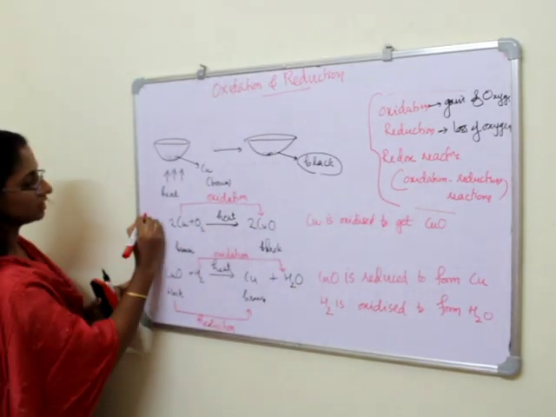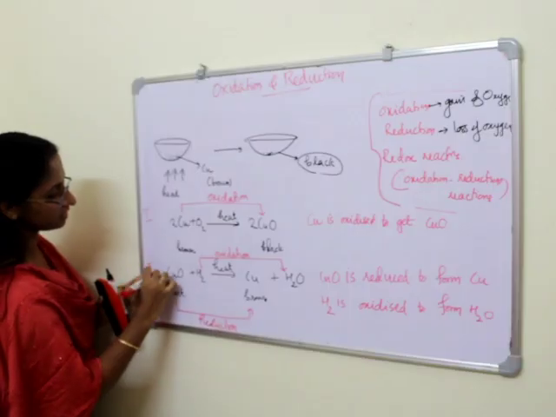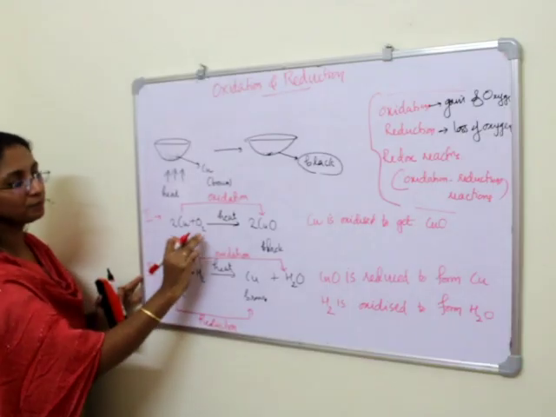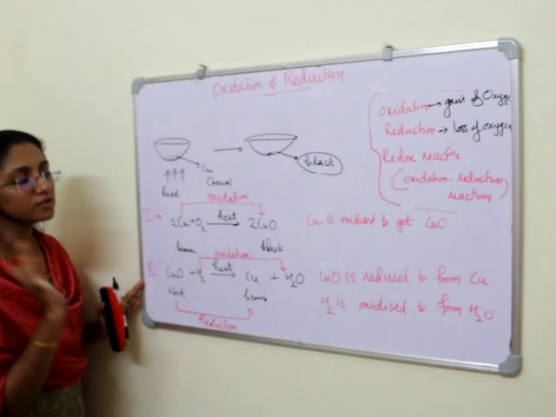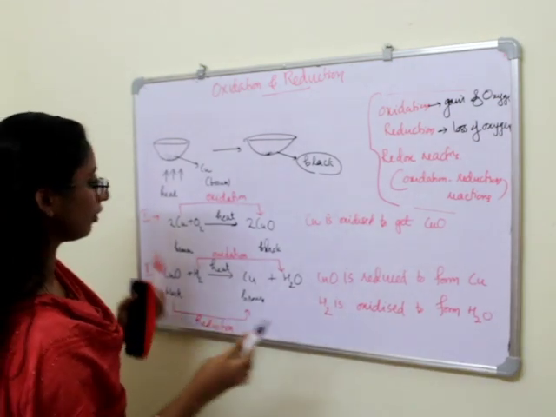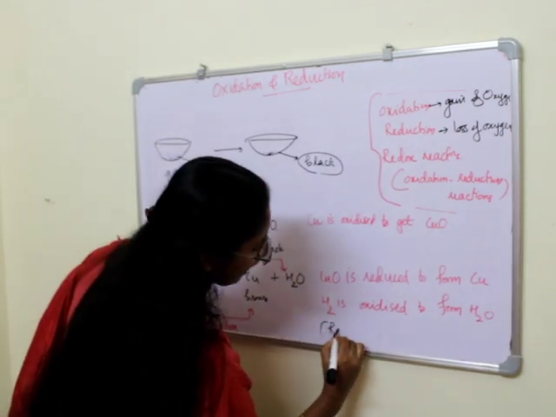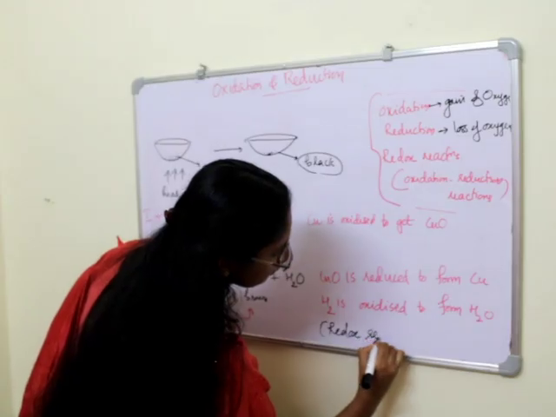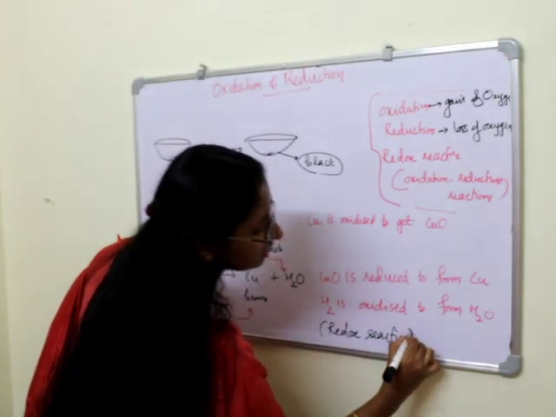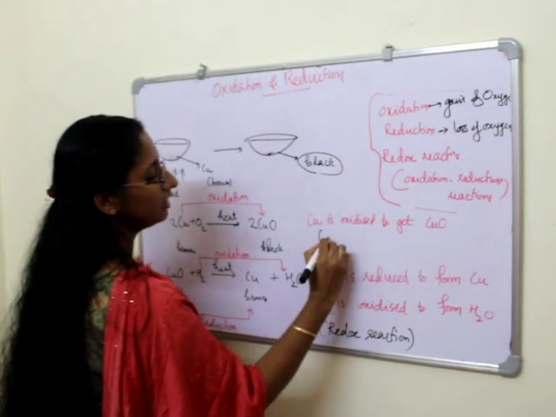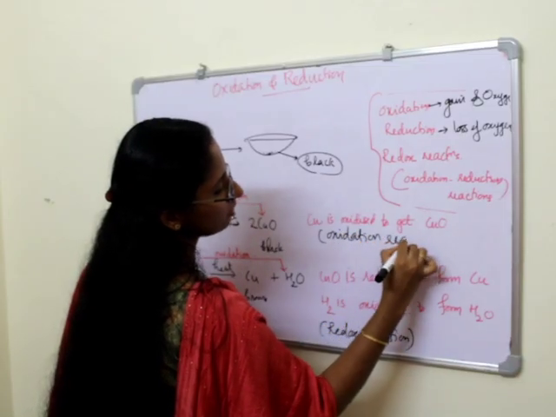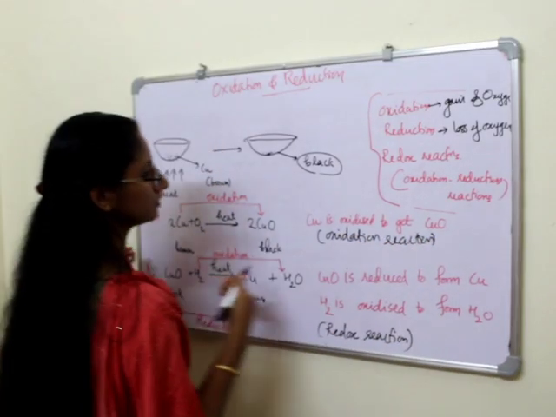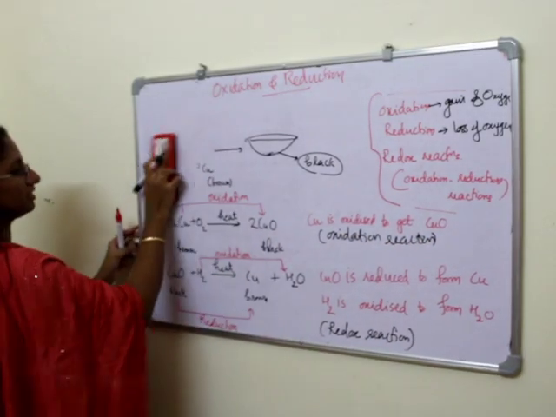So this is the first example, this is the second example. This is an example for an oxidation reaction and this is an example for a redox reaction, because both oxidation and reduction are happening within a single reaction. Similarly we can take some other example.